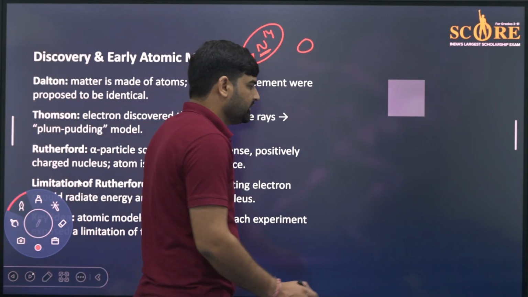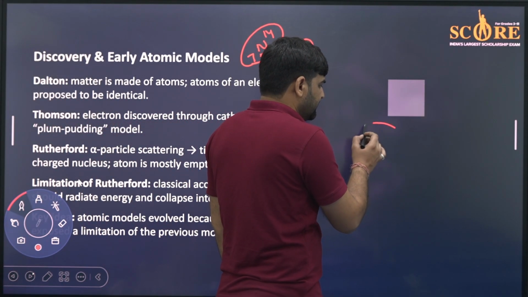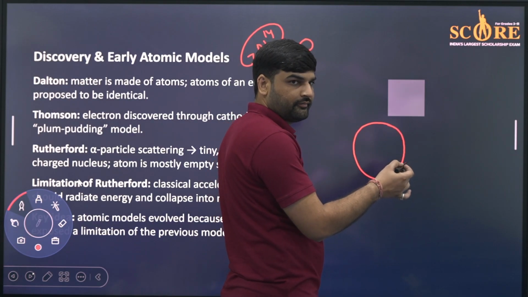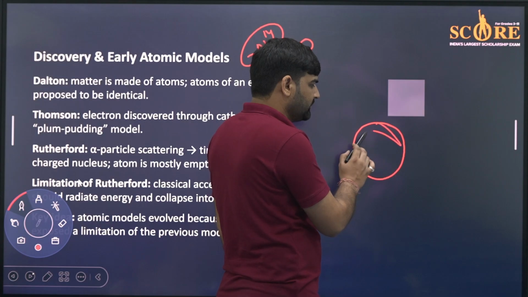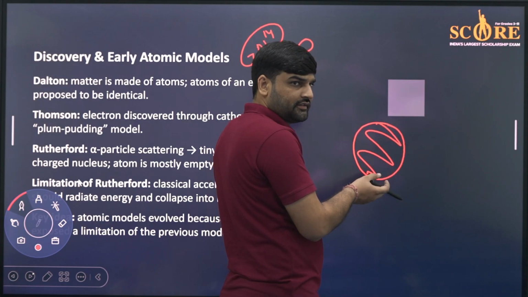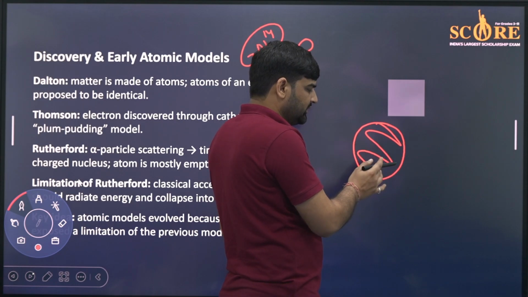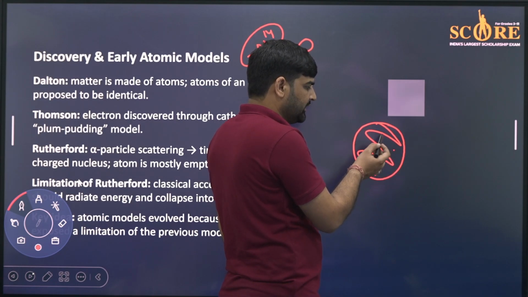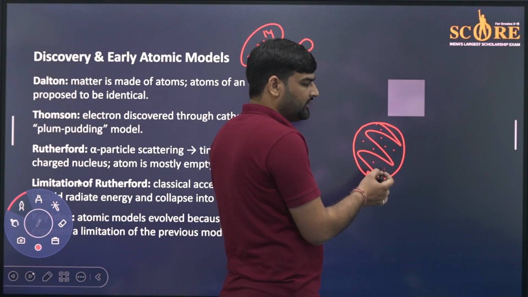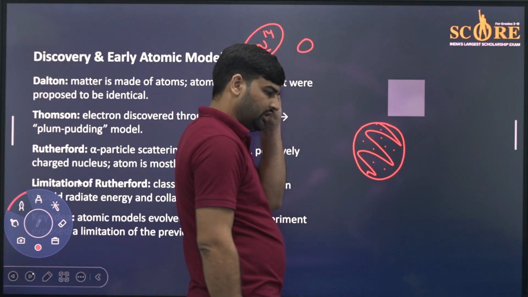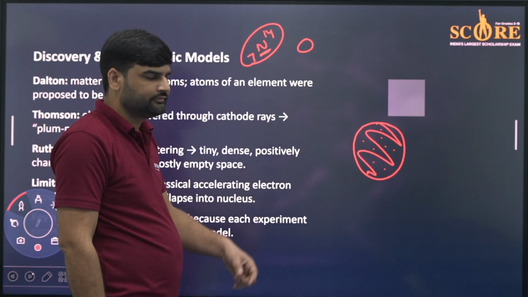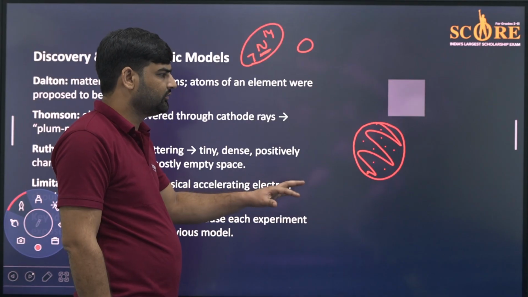He told that atom is spherical in shape and mass of an atom is uniformly distributed in the entire space of the atom and electrons are embedded into it. According to this model, atom is like a watermelon.